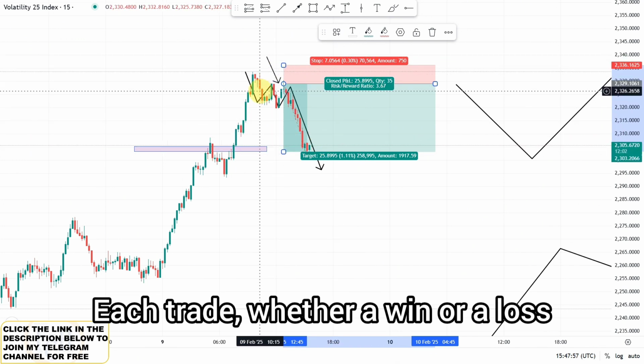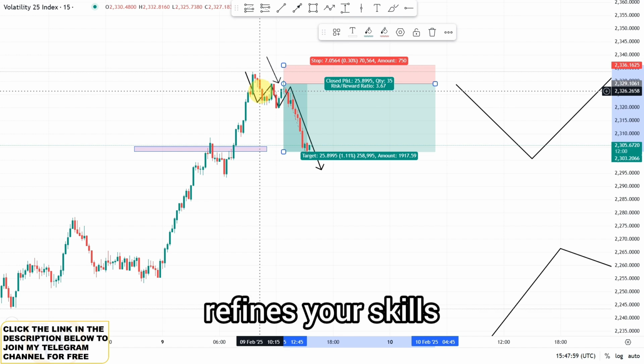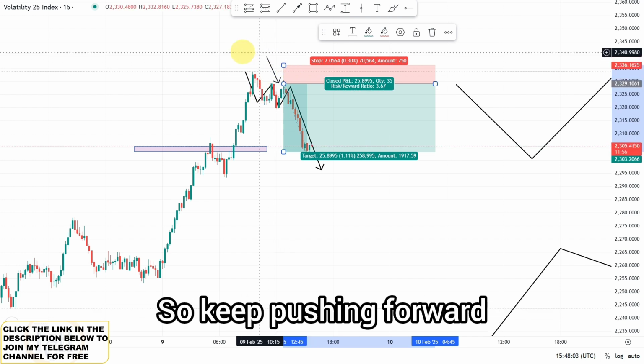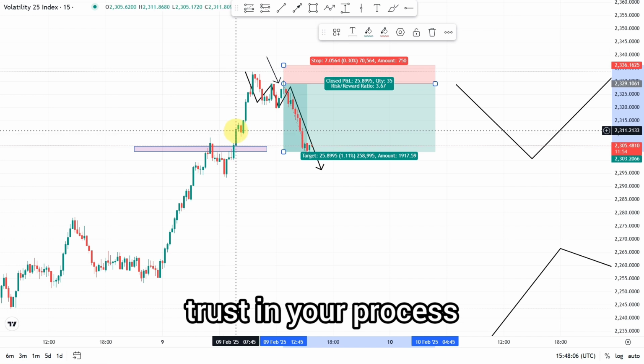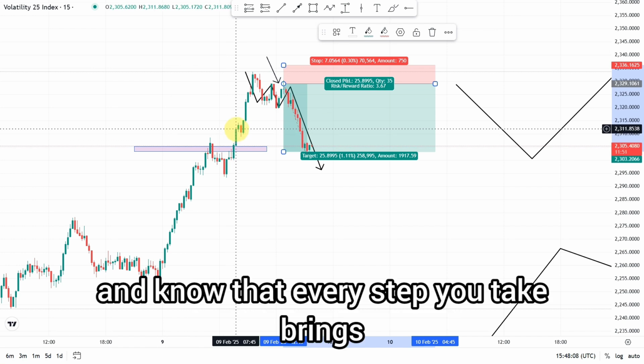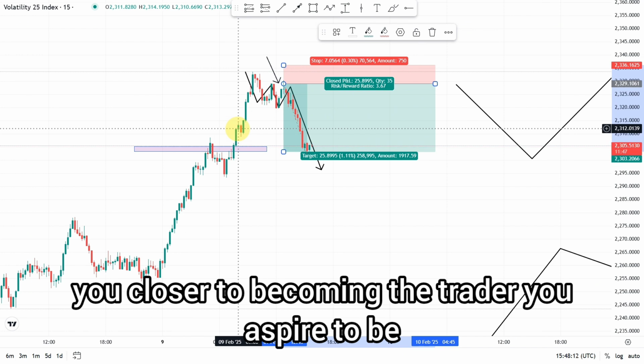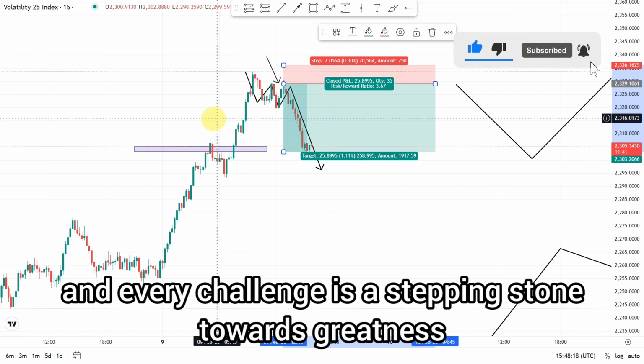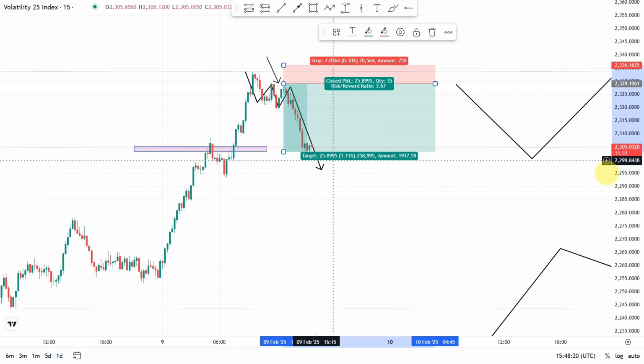Each trade, whether a win or loss, refines your skills and sharpens your strategy. So keep pushing forward, trust in your process, and know that every step you take brings you closer to becoming the trader you aspire to be. Your journey is unique, and every challenge is a stepping stone towards greatness.